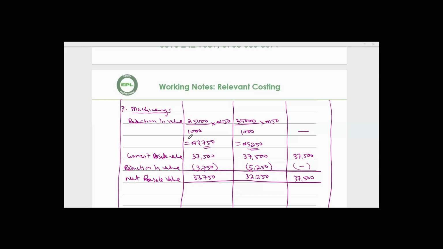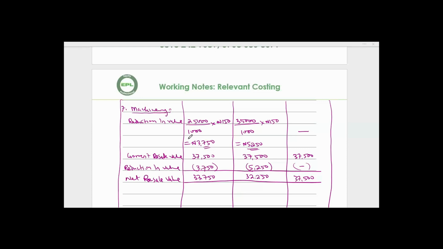However, ordinarily, I would have ignored the 30,000 naira for factory manager's salary. But because examiner single-handedly singled out factory manager's salary out of the fixed production overhead, it means that examiner wanted to use it.